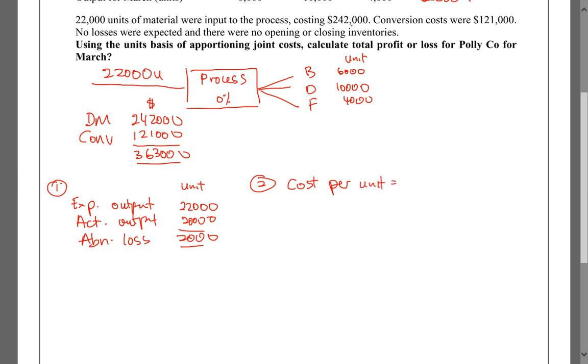Formula. Cost incurred. Actual or budgeted scrap value or expected scrap value. All are expected. Therefore, my output is expected. Therefore, your cost per unit is expected.